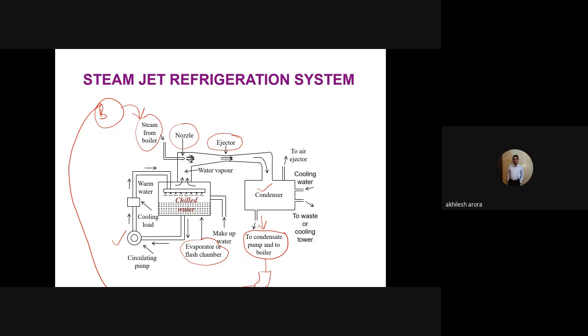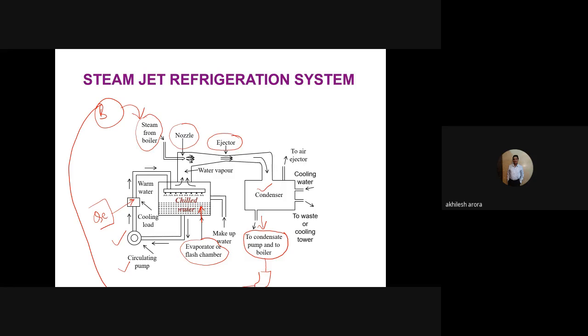Okay, so these are the components, and there is a circulating pump. Actually, as I told you, the water is being used in this particular system, and this part is the evaporator where the chilled water is present actually. So chilled water is circulated with the help of a circulating pump, and here we have the cooling load actually. Let us say this is the cooling load which we have to take care of.